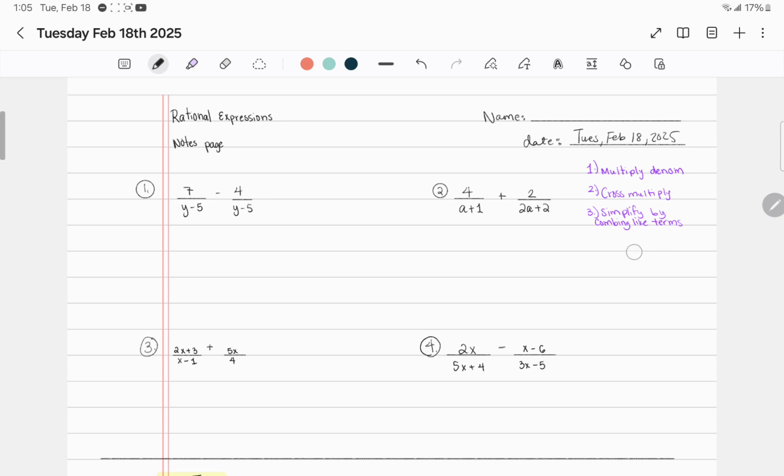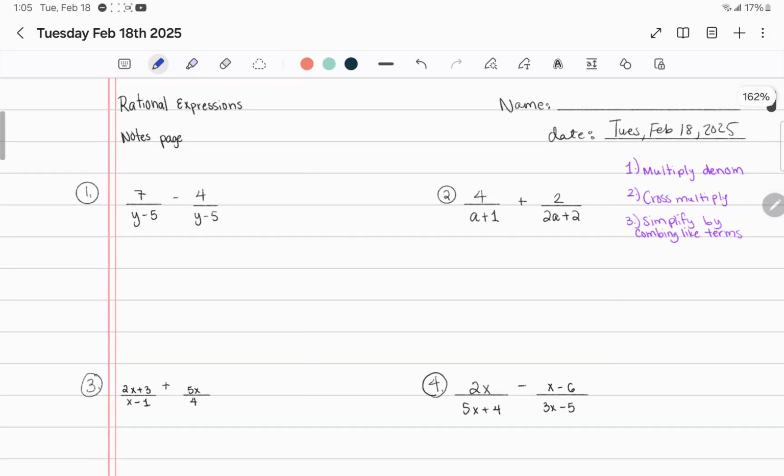It's pretty repetitive. I'm just gonna go through the steps with you guys one more time. So the first step says multiply denominators. For number one, since they match, you do not have to multiply the denominators. They already match, right? So this one's actually pretty easy.